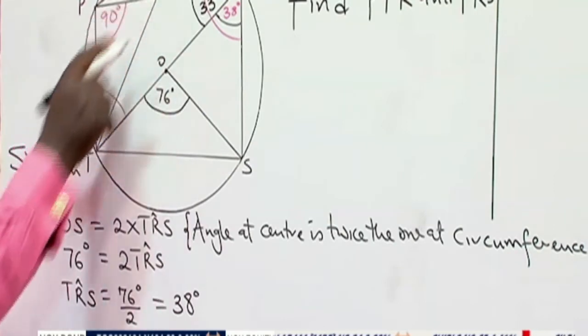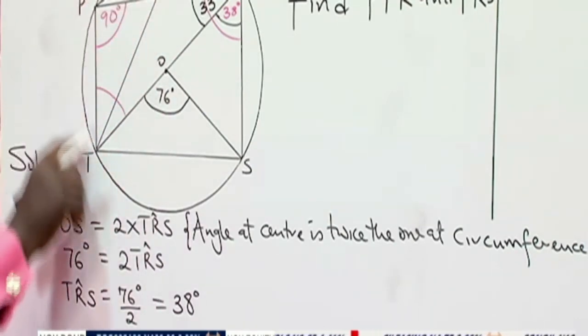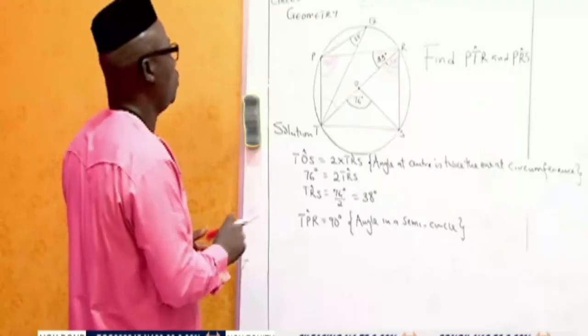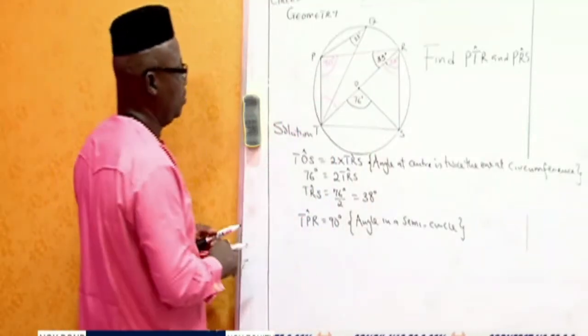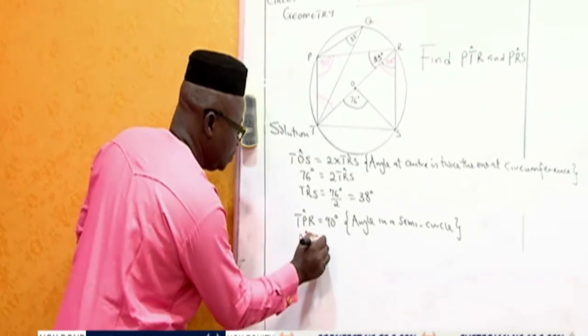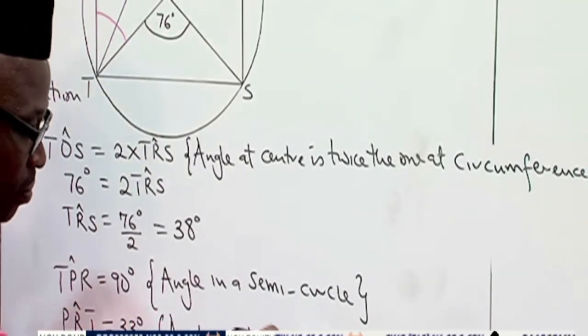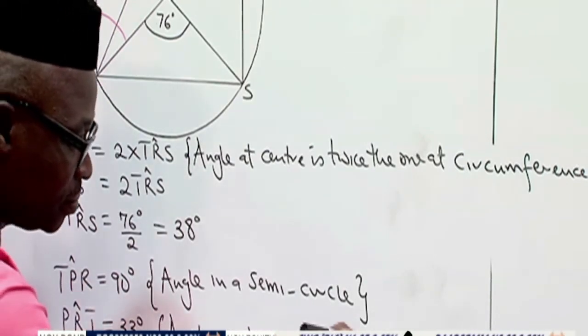This and this are equal because they are put on the circumference by the arc PT. So I'm going to write that. That is angle PRT is going to be 33 degrees. Reason, angles in the same segment.